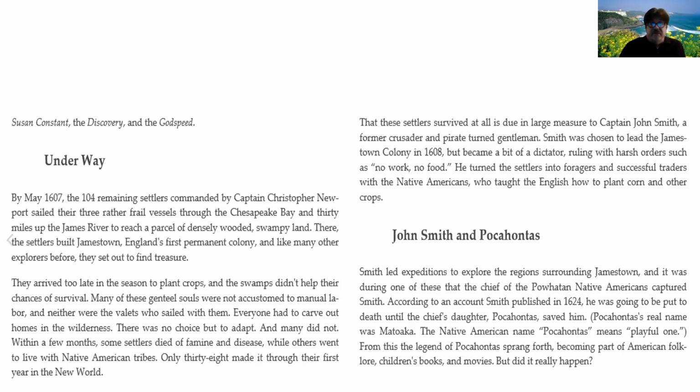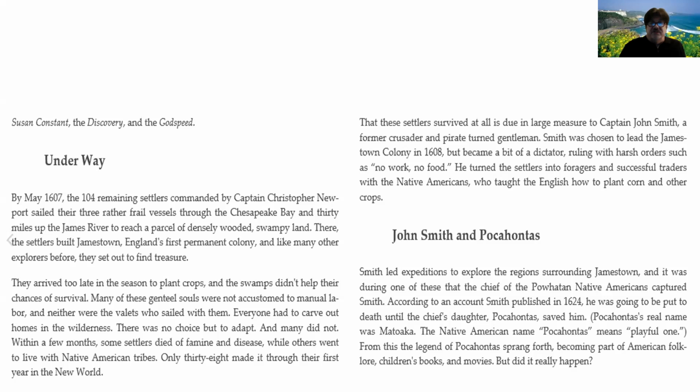Okay? So, as I end this page, that these settlers survive at all is due in large measure to Captain John Smith, a former crusader and pirate turned gentleman.